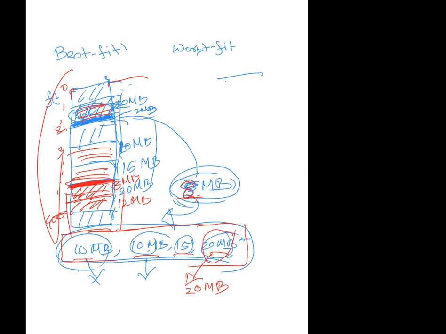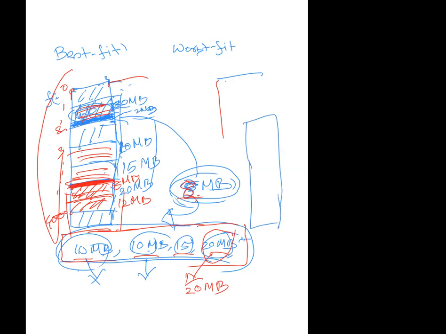Before I talk about which one is the best, let's see how we evaluate the best allocation algorithm, based on which parameter we can say this is the best and this is the worst. This is your RAM.